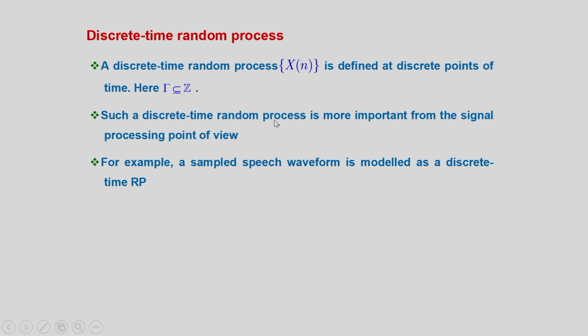Such a discrete time random process is more important from the signal processing point of view. Therefore, we will be discussing only discrete time random process. As an example, a sampled waveform is modeled as a discrete time random process.